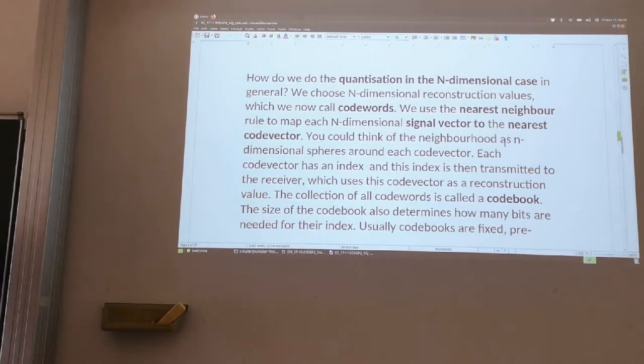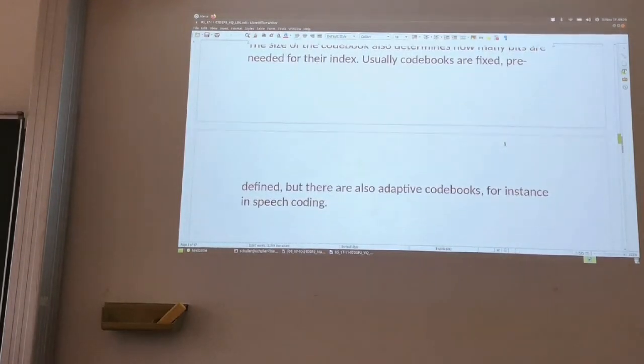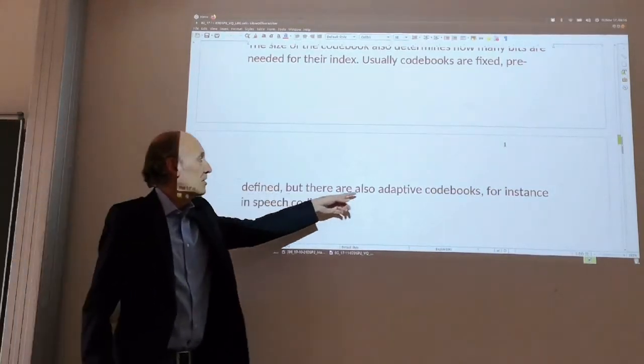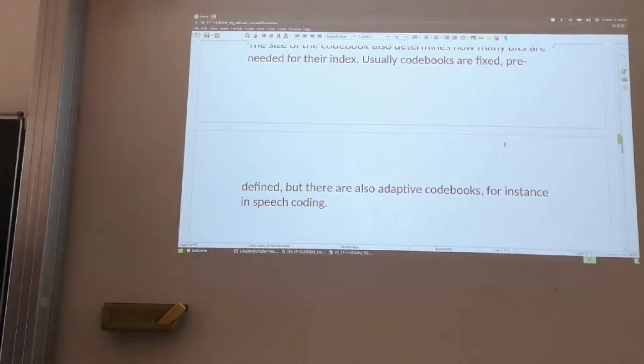The more code words we have, the longer the index needs to be. Usually code books are fixed and predefined, but there are also adaptive code books, for instance, in speech coding. In speech coding, usually you have one part which is fixed, and then you have another part which is adaptive.